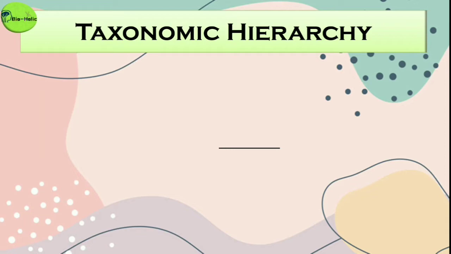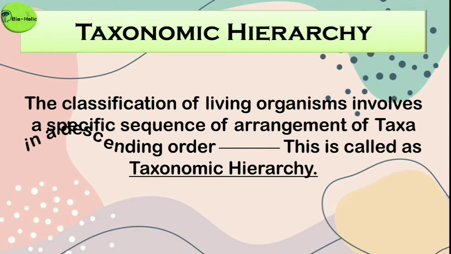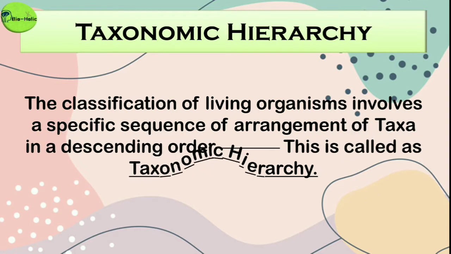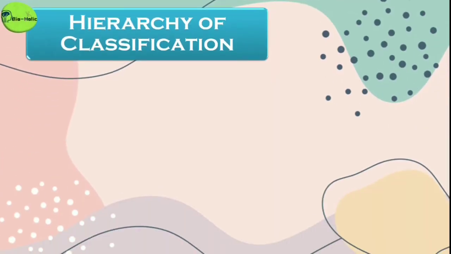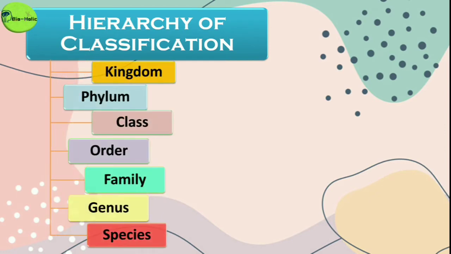Okay? So, the classification of living organisms involves a specific sequence of arrangement of taxa in a descending order, and this is called taxonomic hierarchy. Now, here are these 7 obligate categories in which all living organisms are classified and arranged in a descending sequence starting from the kingdom up to the species, or in an ascending order, from the species to kingdom.